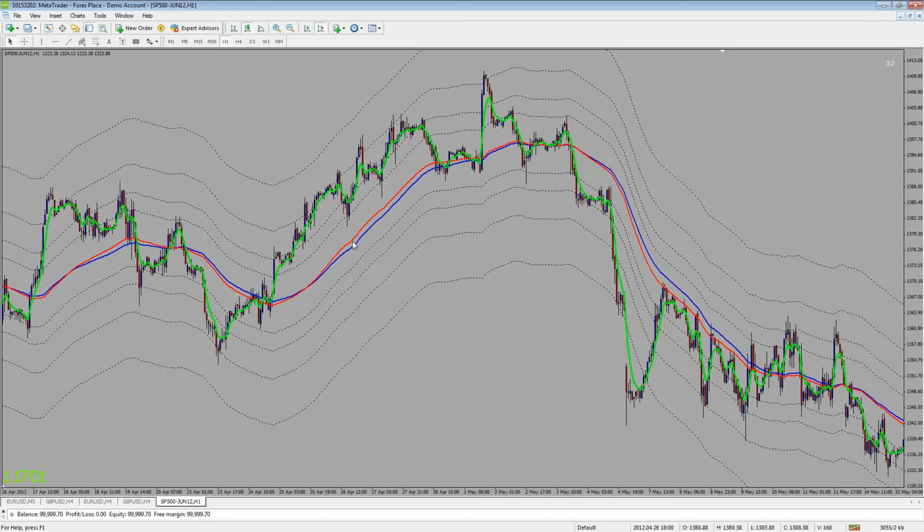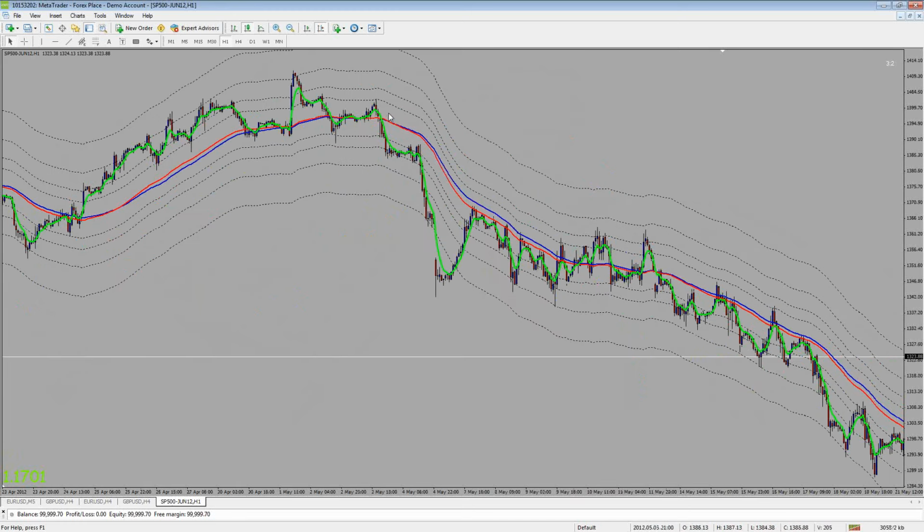So for long, again: sloping upwards, red above blue, fast above slow, and the fast moving average or the price above these base moving averages.